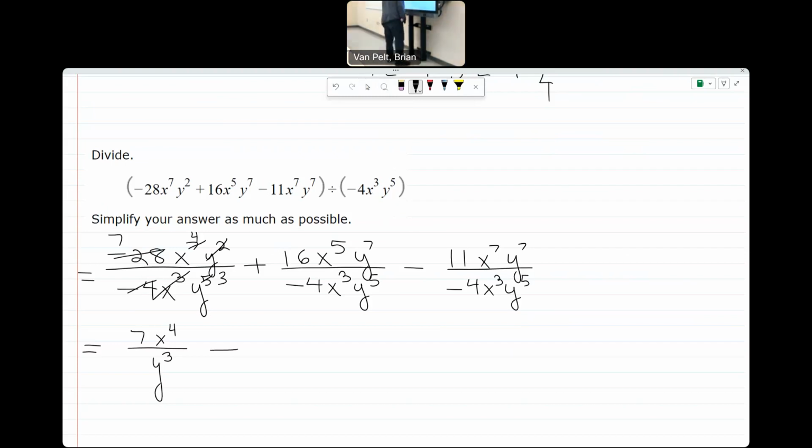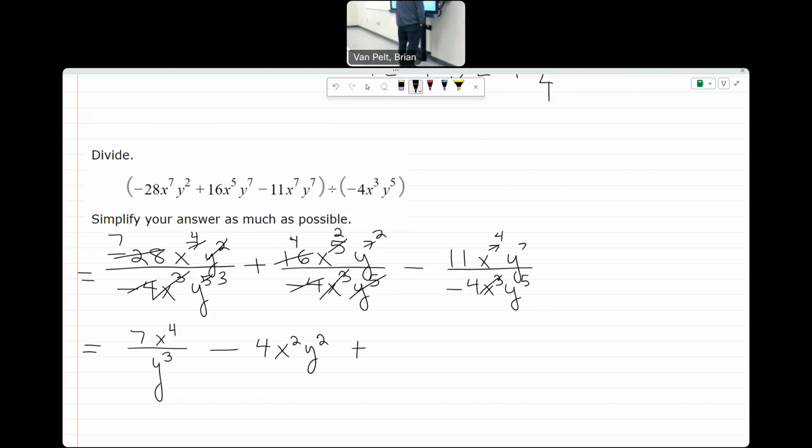Next one will be negative 4. The x's, I can change this 5 to a what? 2. And I can do the same with the y. So we have negative 4x squared y squared. And this last one, the negatives cancel.